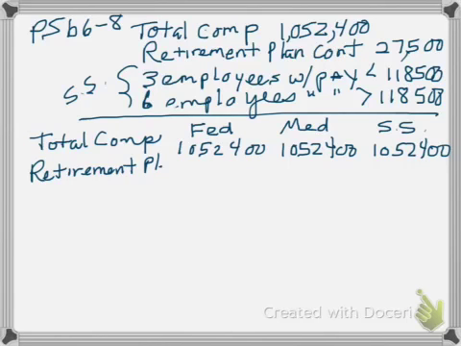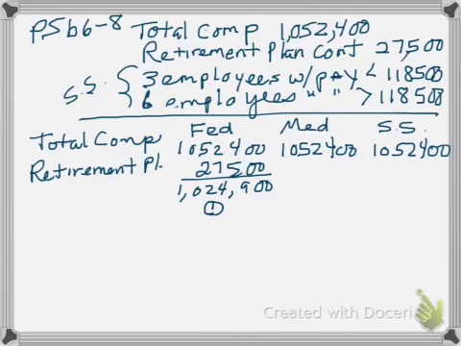So for box 1, I will deduct the $27,500. This gives me federal wages of $1,024,900, and that goes in box 1.